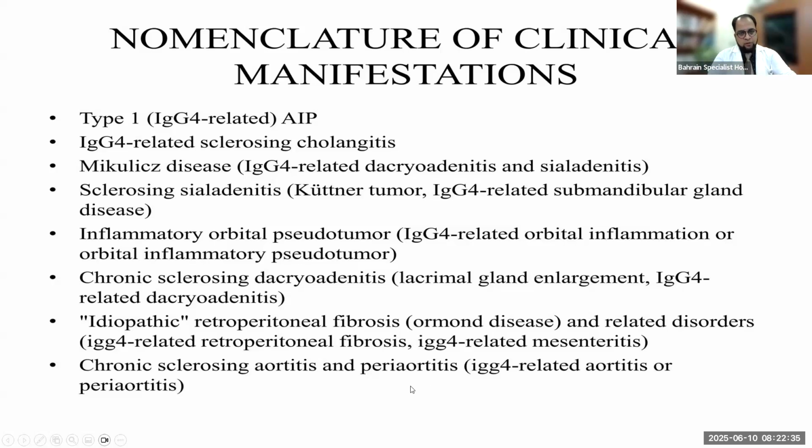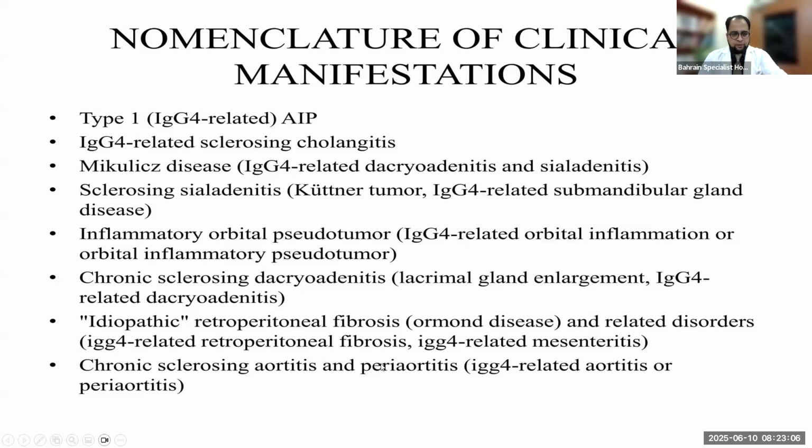So type 1 autoimmune pancreatitis has been replaced by the term IgG4 related pancreatitis or IgG4 related pancreatic disease. Primary sclerosing cholangitis has been subcategorized to IgG4 related sclerosing cholangitis. Mikulicz disease is now termed IgG4 related dacryoadenitis and sialadenitis. Similarly, Kuttner's tumor has been replaced as IgG4 related submandibular gland disease.